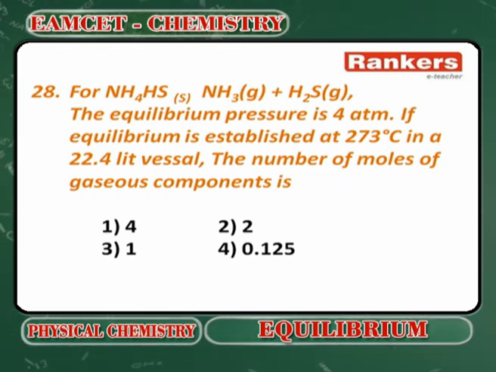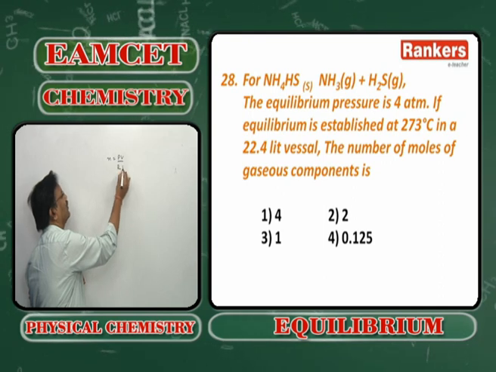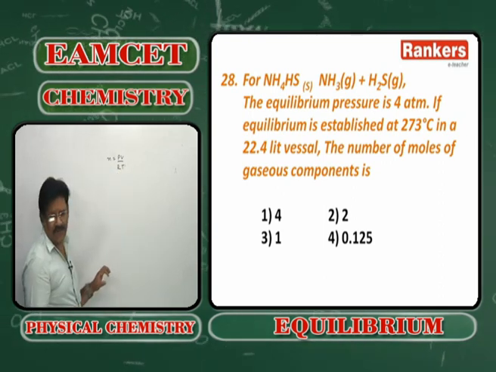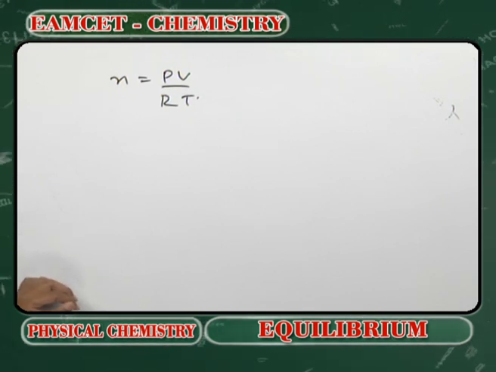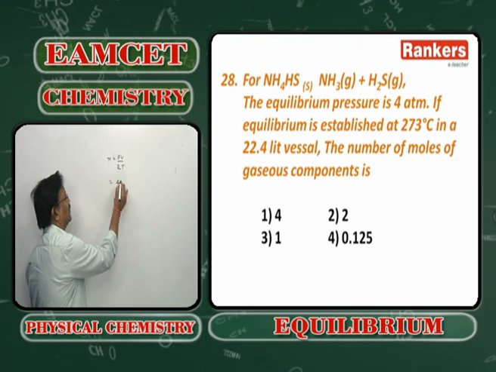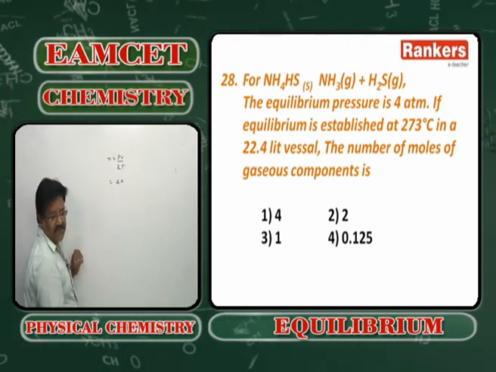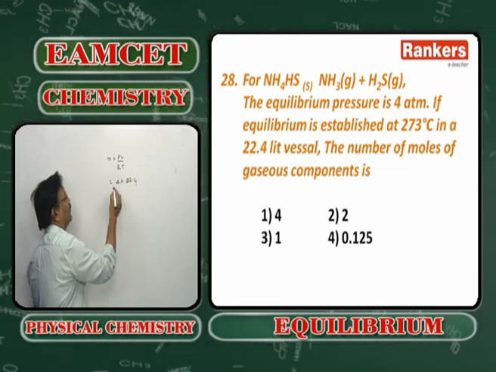The number of moles of the components. How do you get the number of moles? n is equal to PV by RT. What is the pressure? 4 atmospheres. What is the volume of the vessel? 22.4.